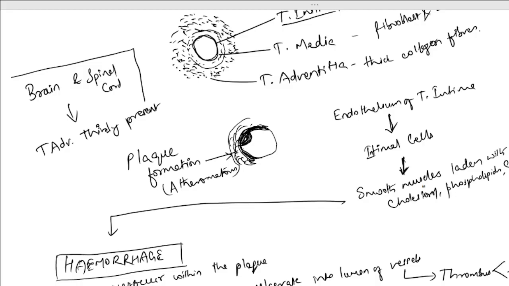Either there is a breakage within the plaque, or the plaque may totally ulcerate outside. In either case, it is going to cause thrombus. It will occlude, or I'll use the word stenosed, narrow. It will make it narrow. You understood my point? Either it may occur within the plaque, or the plaque itself may ulcerate into the lumen of the vessel. Did you understand the point?